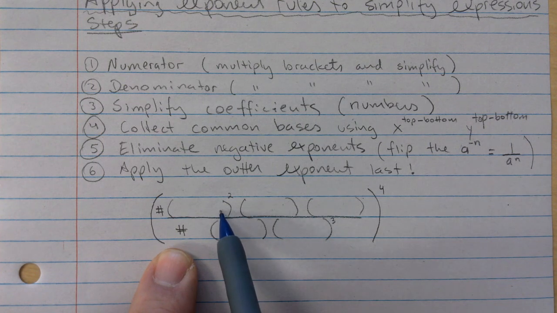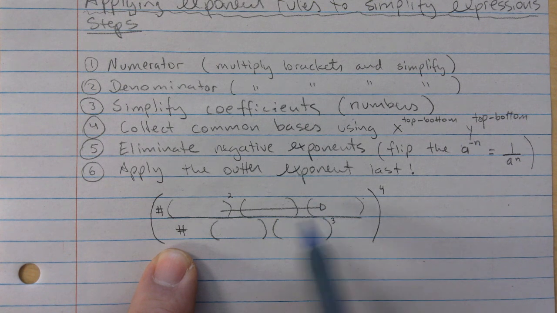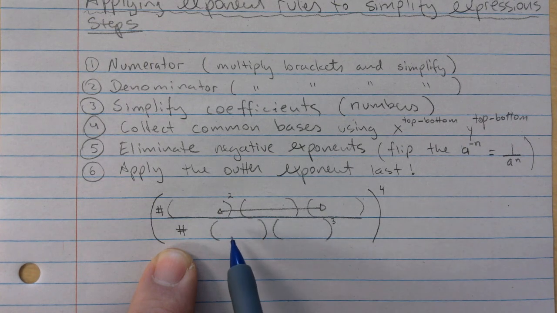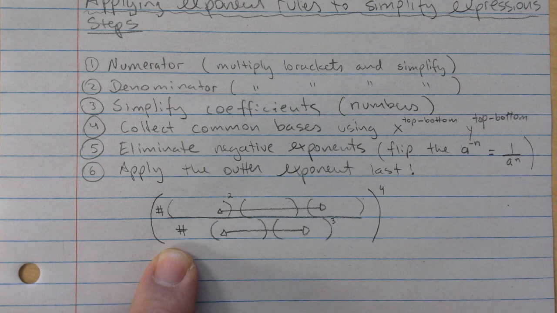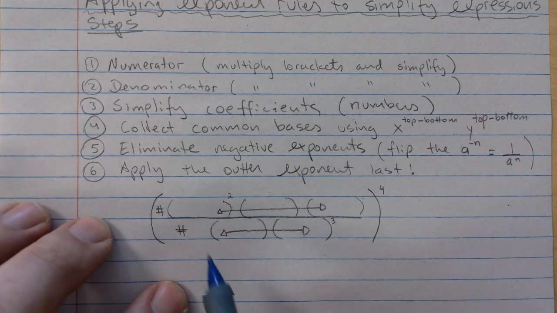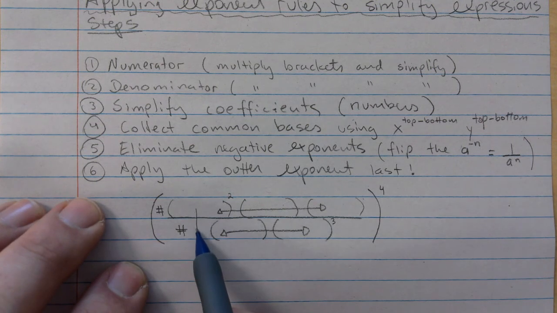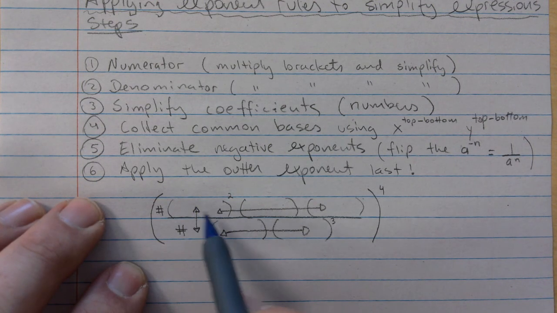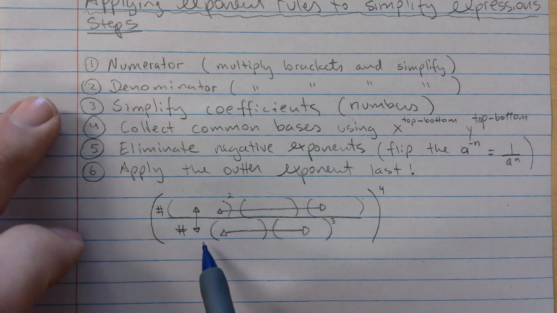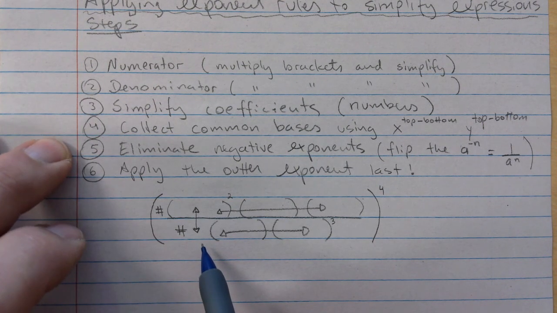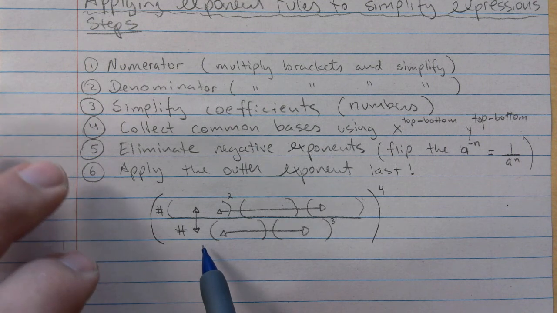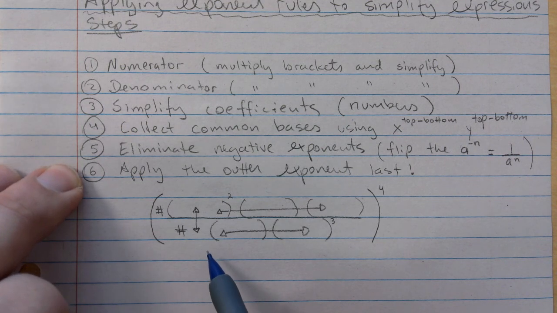So you first take care of the numerator, then you take care of the denominator. You can multiply across, clean up everything. And then you look at up and down, right? That'll be step number 4. 5, eliminate any negative exponents, and then apply the outer exponent last.